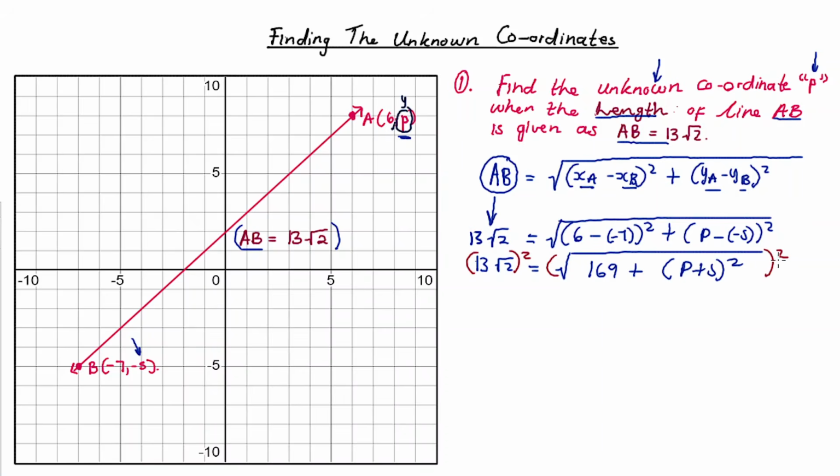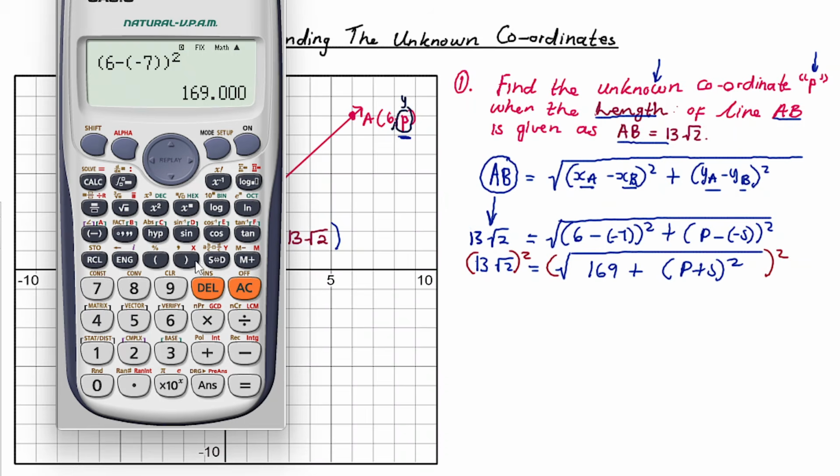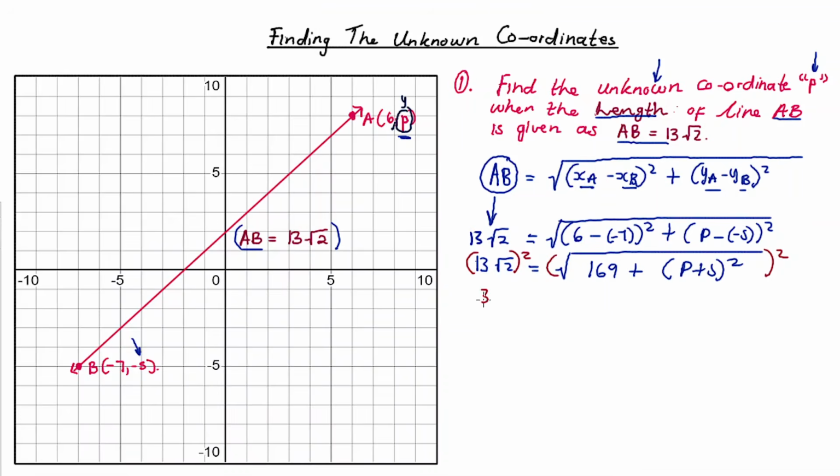Why? I want to remove the square roots that are present in this equation. So open bracket 13 square root 2, close the bracket, raise it to a 2. I'm getting 338. 338 is equal to, so this gets cancelled by that, I now have 169 plus p plus 5 squared.